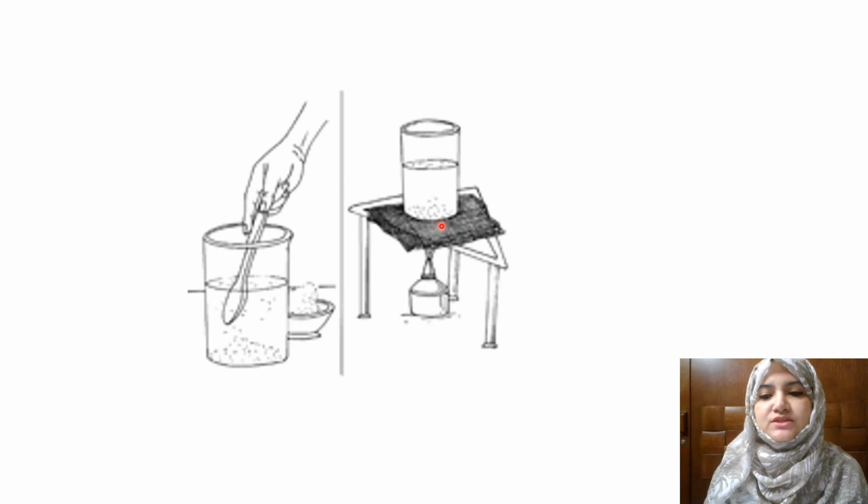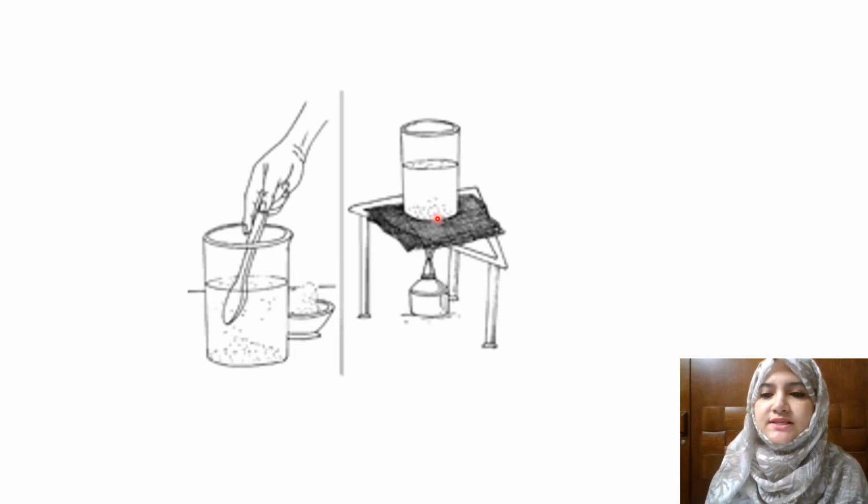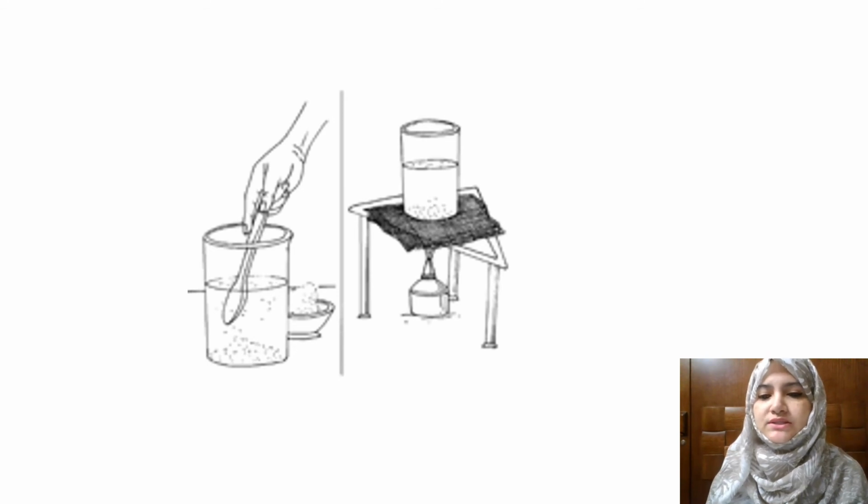Then it can be said that the solubility of salt in water has increased due to the increase of temperature, because we know the solubility of sodium chloride at room temperature was 36 grams, and we take more than 36 grams of sodium chloride, but when we heat, that means when we increase the temperature, the solubility of the salt in water has been increased due to the increase of temperature, okay.